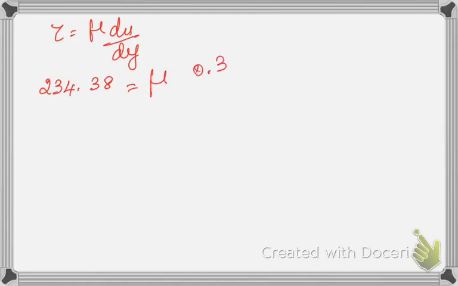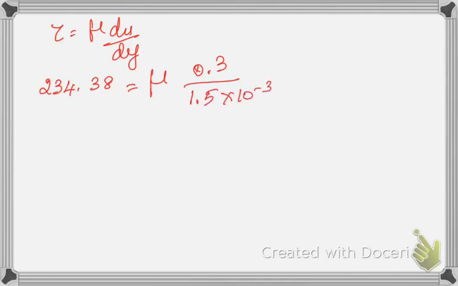So tau is equal to mu into du by dy. So tau is 234.38. Mu we have to determine. Du is 0.3 and dy is 1.5 into 10 power minus 3.